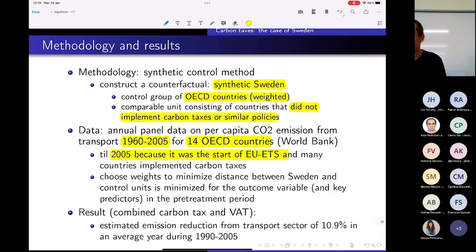Again, as I explained before, they want to minimize the distance between Sweden and this control group. This is the way they create this synthetic Sweden in the pre-treatment period, so before 1990.